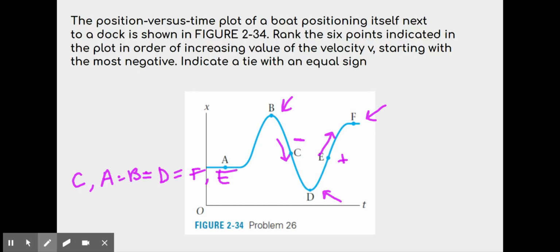They have a value of 0, so we have negative, 0, positive. And you will be asked to evaluate a graph in your quiz, so please make sure you know how to do that.